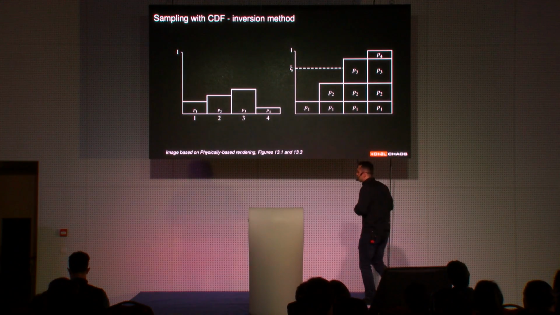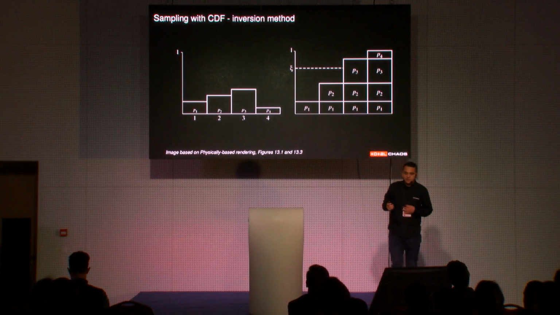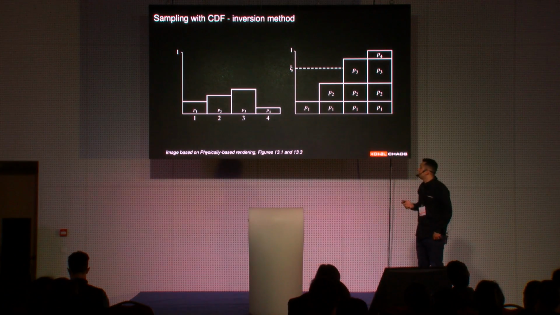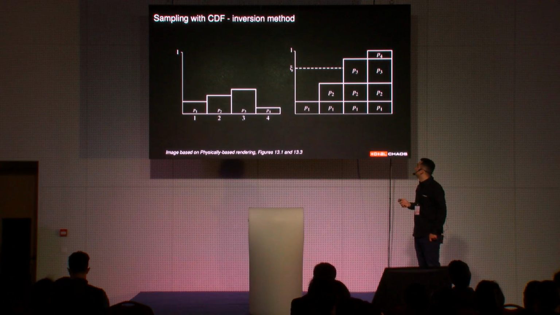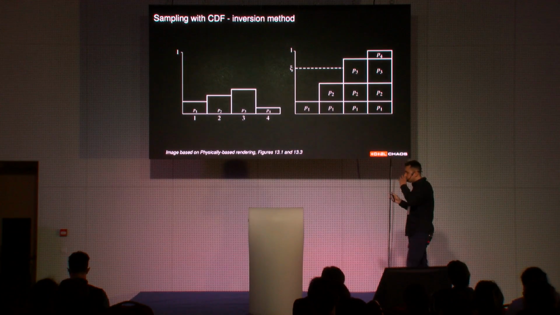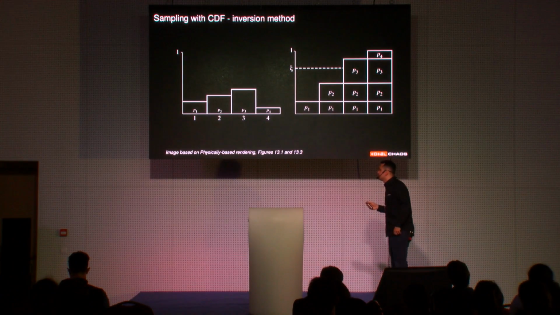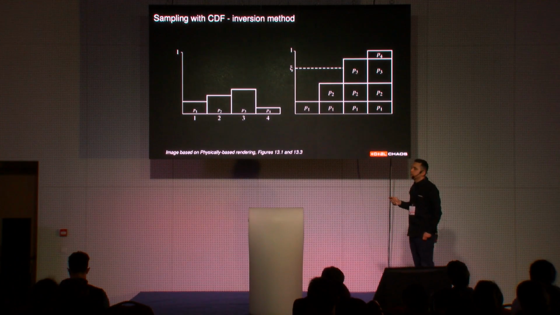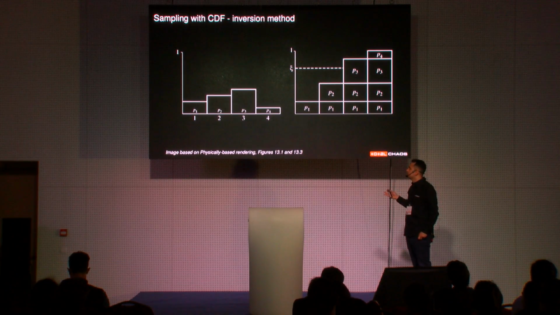So how do we sample according to the environment map? There is one very, very simple way. I want to outline it because in 2D we are using a little bit different approach than the usual one.